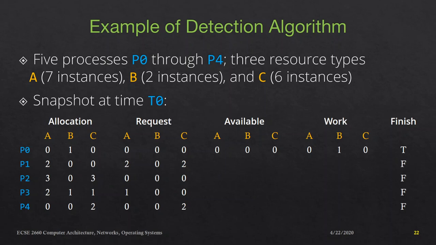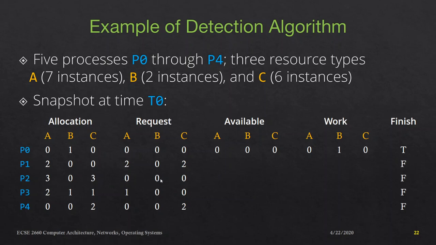Next, we are going to go back to step 2. Step 2 is check for another process that can finish. Right now we have available 0, 1, 0. Let's see, P2 doesn't require anything, 0, 0, 0. In fact, we could have done this first, but it's okay, we did P0 first. P2 is next.